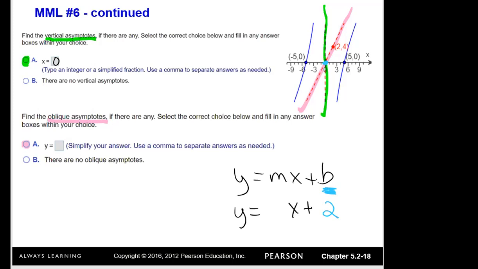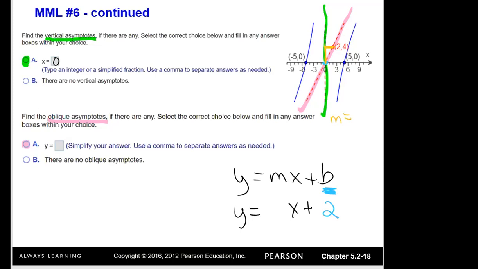And what I need is the slope. From this point to the point they labeled as 2, 4, I would have to go up 4, sorry, up 4 and over 2.